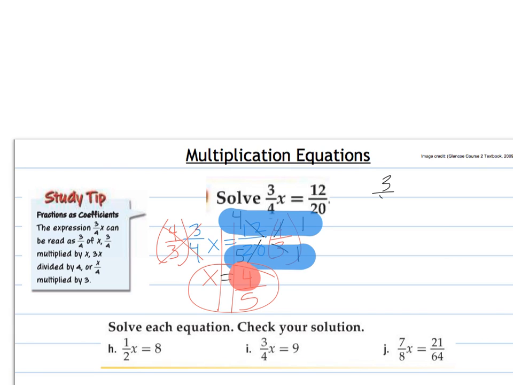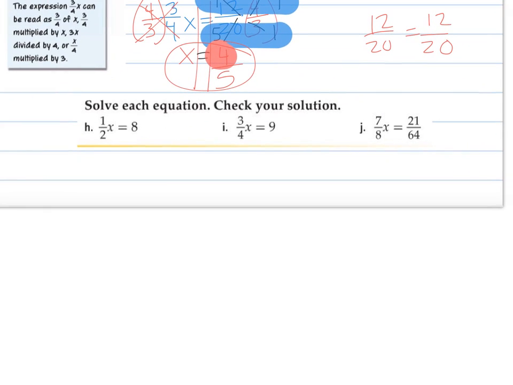So I do 3/4 times 4/5 should be 12/20. Multiply across, 12/20 is 12/20. So my solution works. So you do need some prior knowledge here. You need that multiplicative inverse, and you need that information about multiplying fractions straight across.